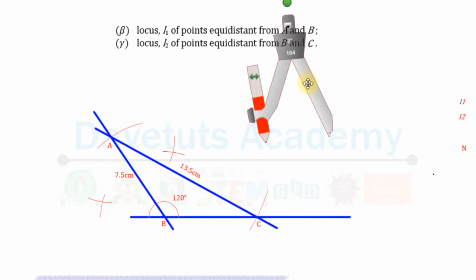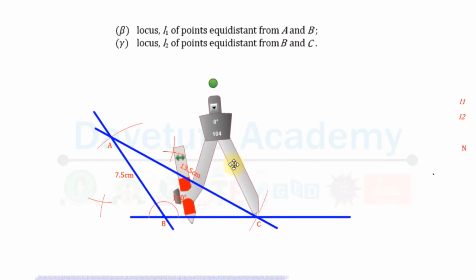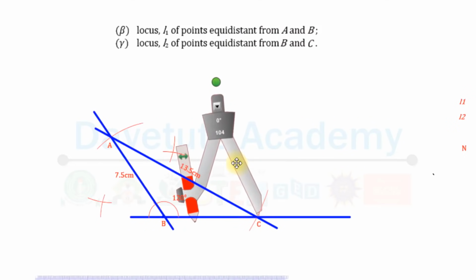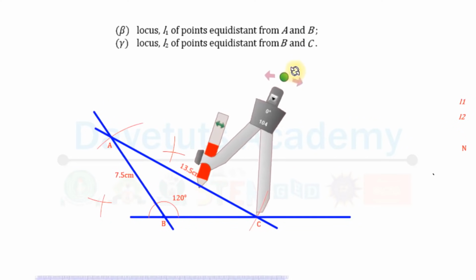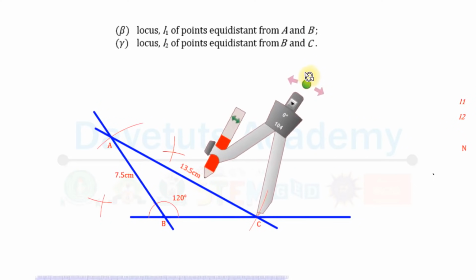So in the same way, we can do the same to points B and C, because we are also going to find the locus of points equidistant from B and C. So that means we are looking for the perpendicular bisector of the line BC. So I'm just using the same arc because I think it will be appropriate.